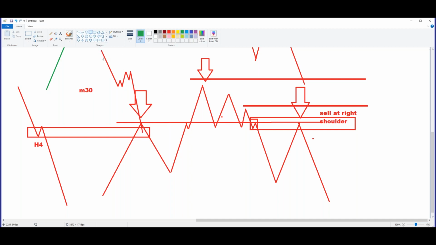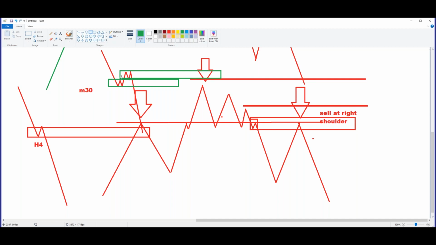Price goes down here, drops, makes a base, and then rallies. So this is your drop base rally. But at the same place, you find price rallying up, making a base and then dropping. So this is a rally base drop.